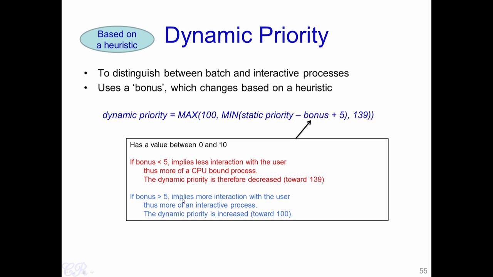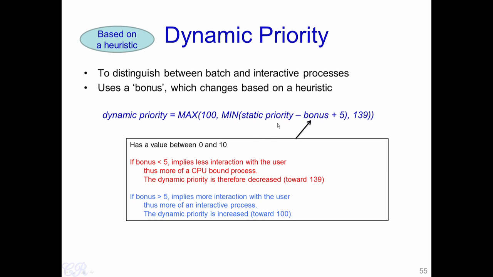If the bonus is greater than 5, on the other hand, it implies that there is more interaction with the user. That is, the process acts more like an I/O bound, interactive process. The dynamic priority is therefore increased, that is, it goes towards 100.